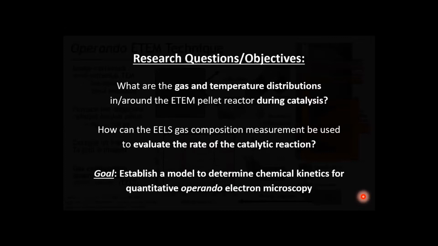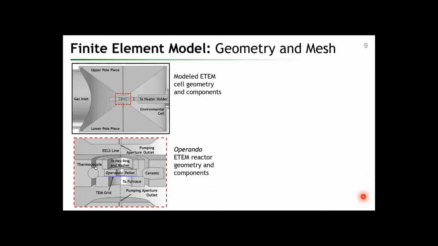To this end, the goal is to establish a model of the ETEM reactor and to determine quantitative kinetic information from it. We do this by building a computational model of the ETEM reactor. Here are pictures of the geometry of the entire cell, and here's a close-up. This is a holder, and this is the electron beam path.